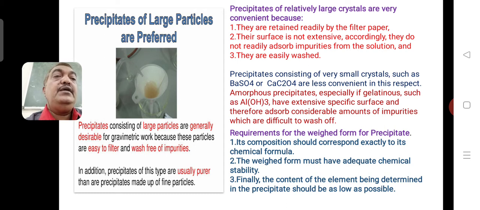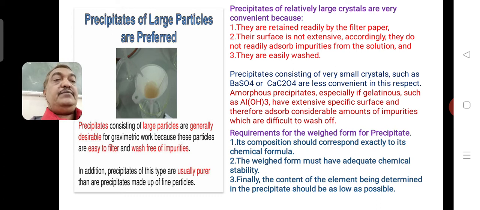So it should be in a proper, well designed manner of cations and anions, so that there should not be any increase or decrease of the size. So it is properly well designed, and these large particles of the PPT are easily washable.